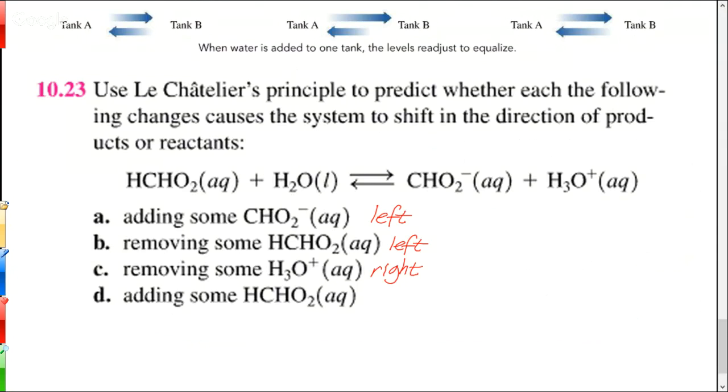We're going to look at this more when we talk about things like adjusting blood pH and that kind of thing. So finally, the last one, if we add some HCHO2, which direction does the reaction get pushed to? The left or the right?